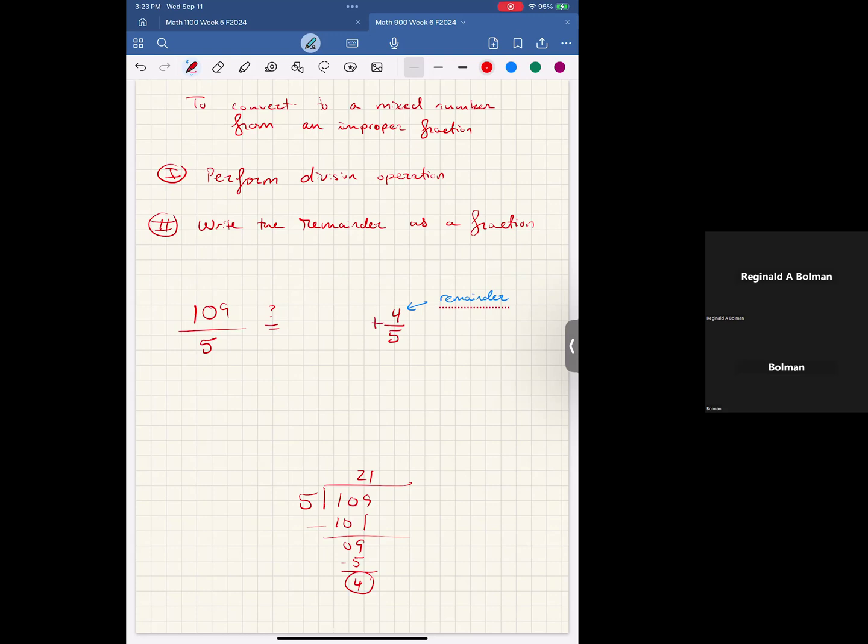What you're doing with this fraction, in this case 4/5, is adding it to however many whole parts we have. So in this instance, when we divided 5 into 109, we were left with 21 whole parts with a remainder of 4. So we can write this 21 plus 4/5 as a mixed number by writing 21, and next to it, we simply write our fraction.